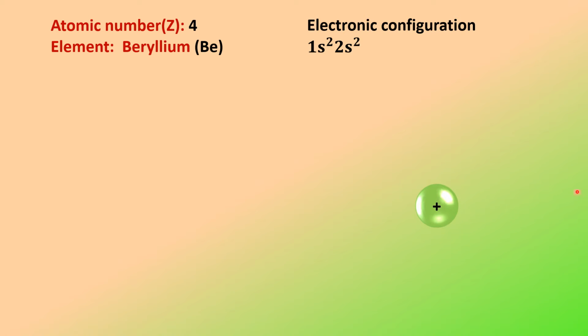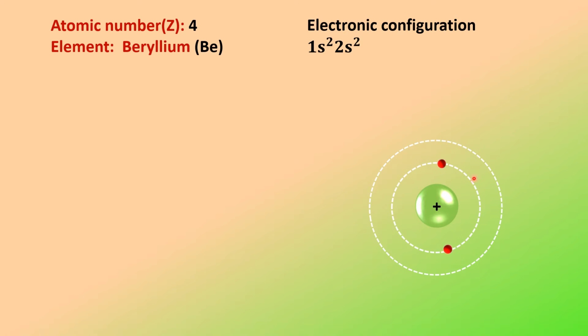The fourth element is beryllium. Atomic number is 4. Its symbol is Be. Its electronic configuration is 1s2, 2s2. So this is the sphere. First shell, second shell.